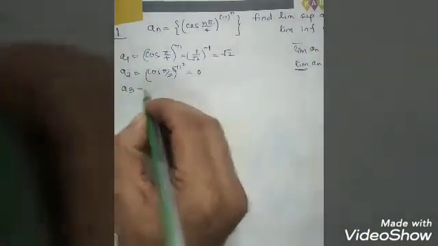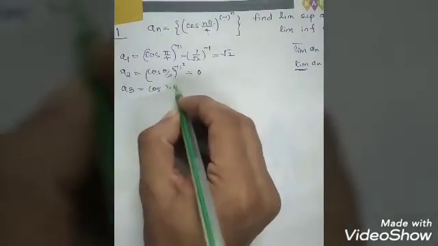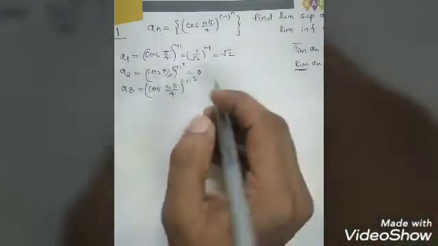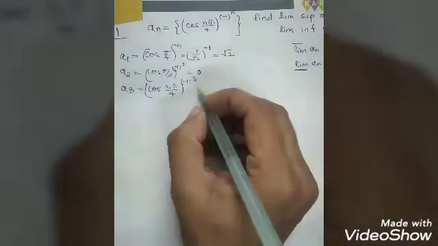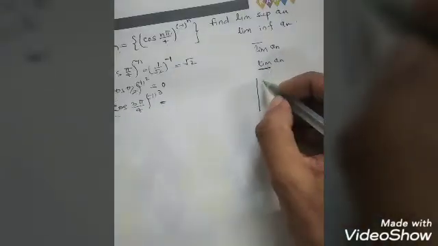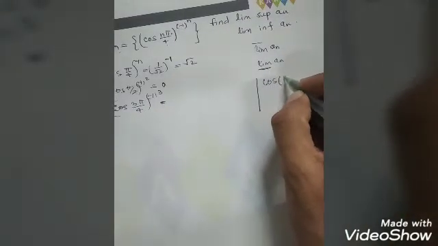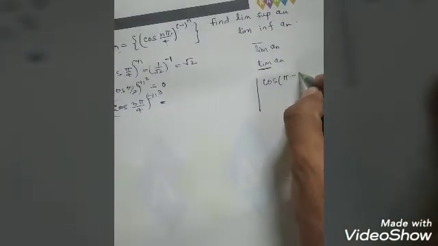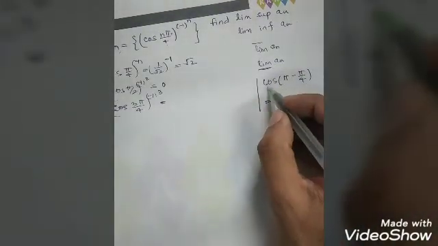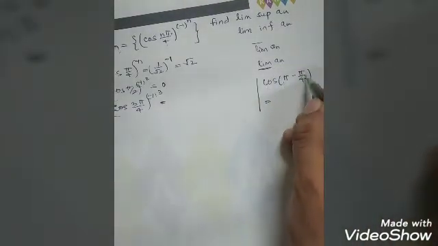Let's look at the third term. It is cos(3π/4) raised to (−1)^3. Cos 3π/4 is cos(π − π/4).